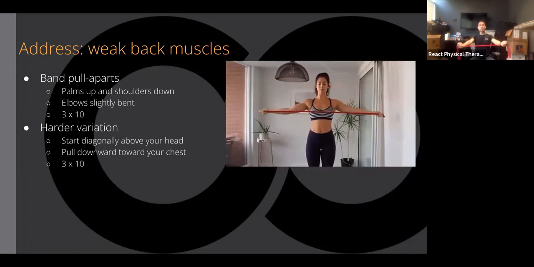Okay, and if you want to make it harder, say that's too easy, you can grab a harder band or pull closer, or do a harder variation where you start diagonally above your head, right? Shoulders down and back, and you pull down from there. Okay. Again, 3 of 10, easy to remember. Okay. Should be somewhat difficult.